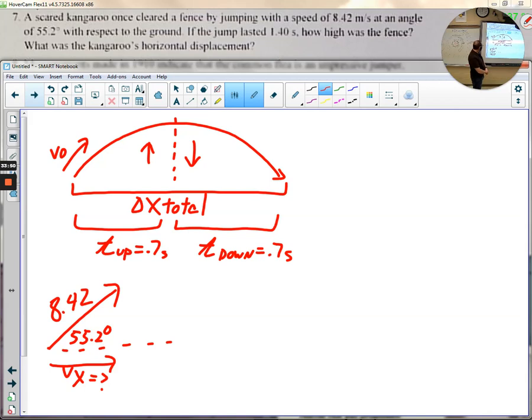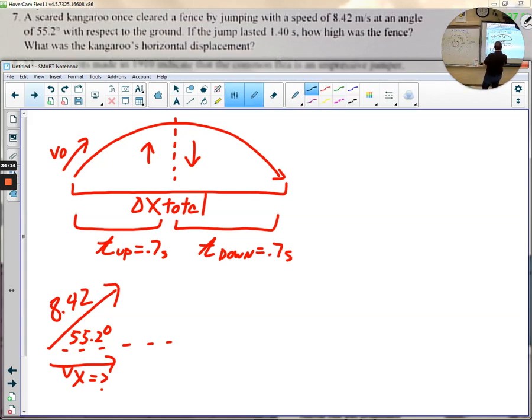Can we do cosine to find v of x? We've got our hypotenuse, and we've got this angle. Yeah, absolutely we can. The cosine is adjacent over hypotenuse, so I like that. Let's go ahead and find that.